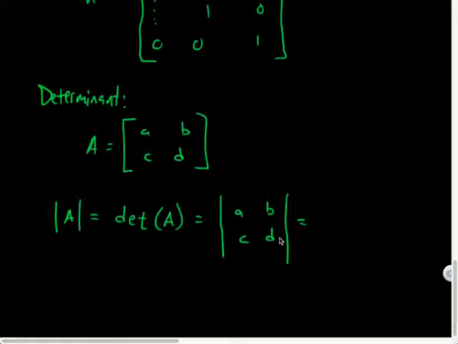The formula for the determinant: I'm going to multiply what I'll call the primary diagonal, so A times D. Then I'll multiply the secondary diagonal, C times B, or B times C, whichever way you'd want to say that. And I'm going to subtract them.